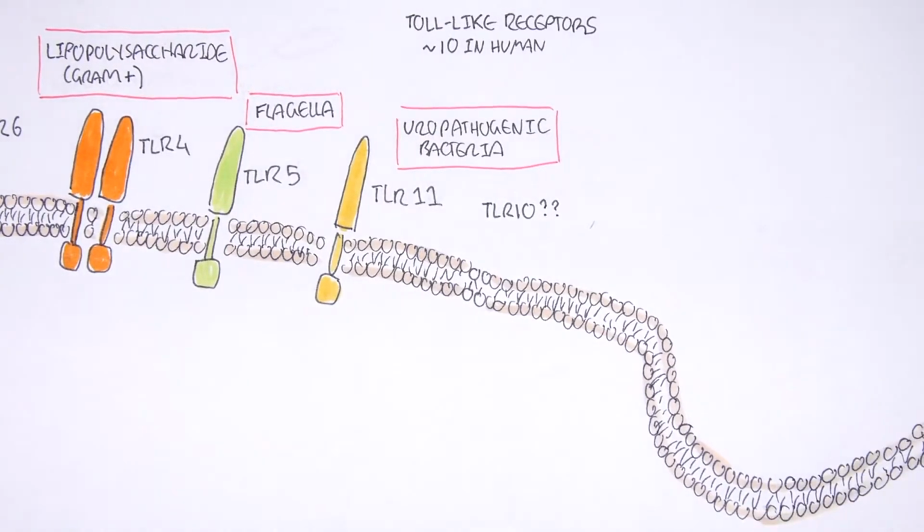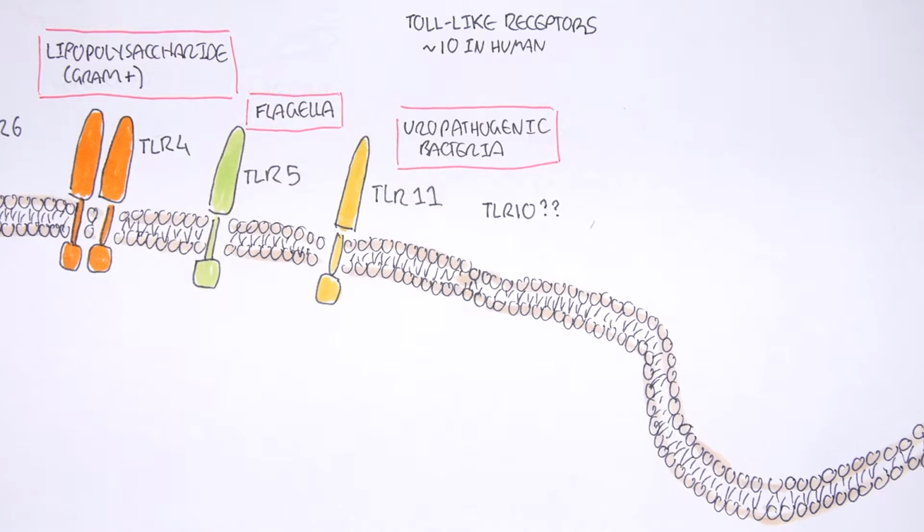Now, you might be thinking, what about toll-like receptor 3, 7, 8, and toll-like receptor 9, which I've skipped or missed? Well, these remaining toll-like receptors are found within endosomes. Somehow, these remaining toll-like receptors begin being expressed within endosomes.